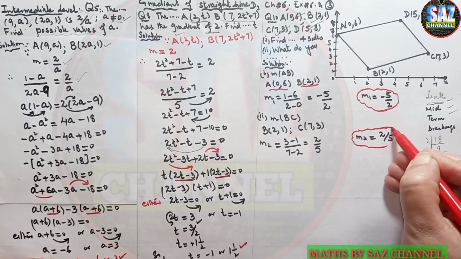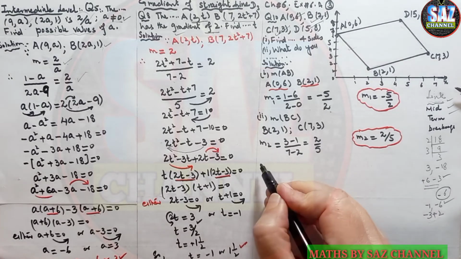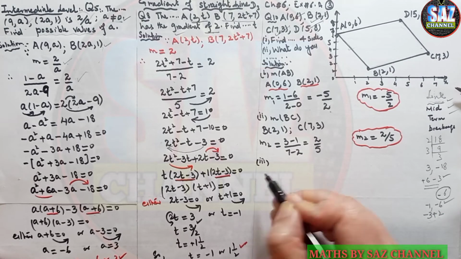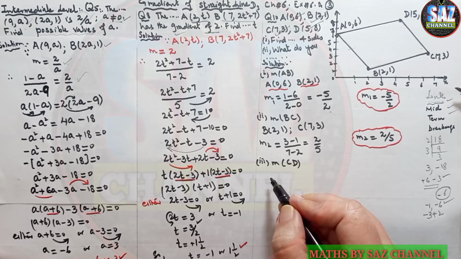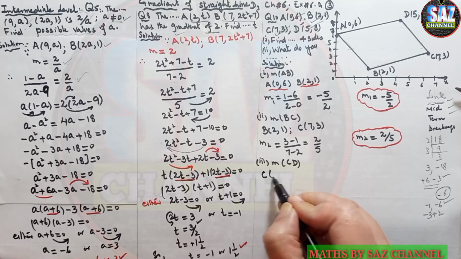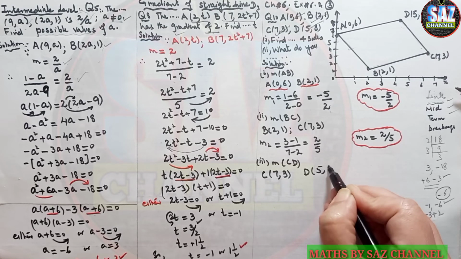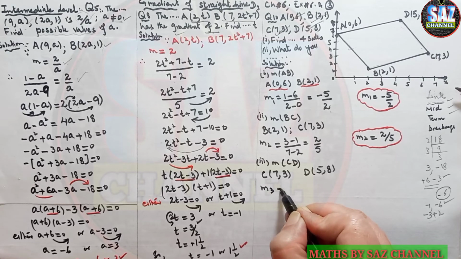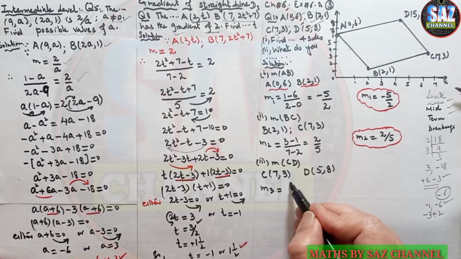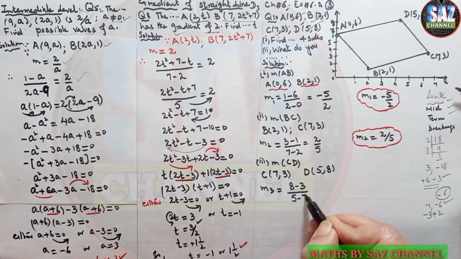Then we have to find the gradient of CD. The third one is the gradient of CD. C has the vertices (7, 3), and D has the vertices (5, 8). Now m3 will be equal to 8 minus 3 upon 5 minus 7.